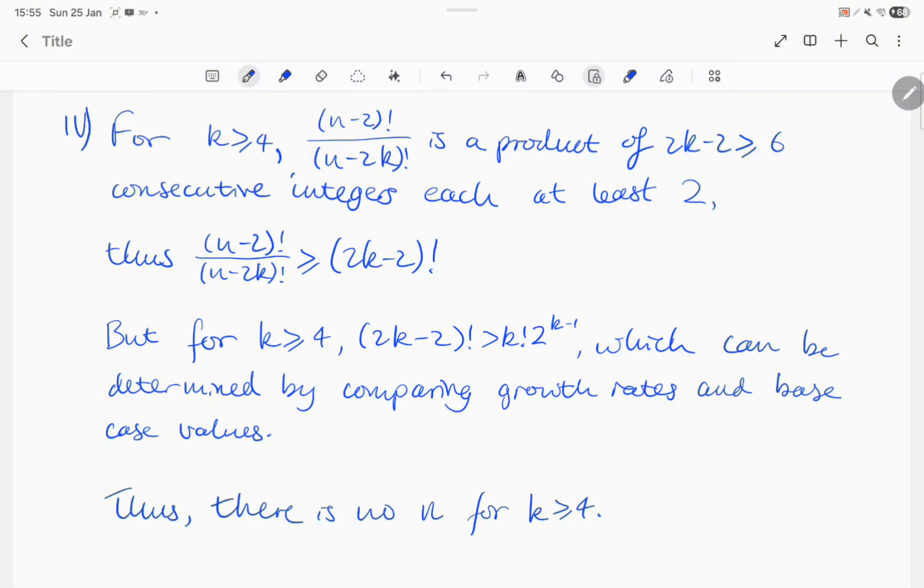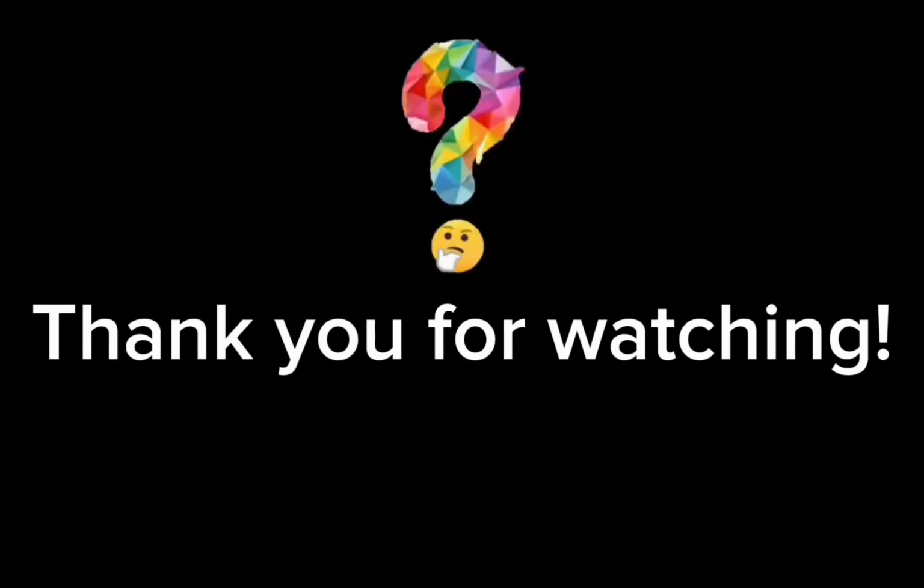The growth rate of a factorial of 2k is going to be greater than the factorial of k multiplied by some exponential, and in the base case where k is equal to 4, the factorial of 2k minus 2 is 6 factorial, which is 720, and this is much larger than 4 factorial multiplied by 2 to the 3, which is 192. Thus, we can determine that there is no n for k greater than or equal to 4.